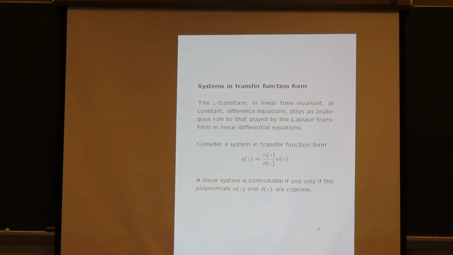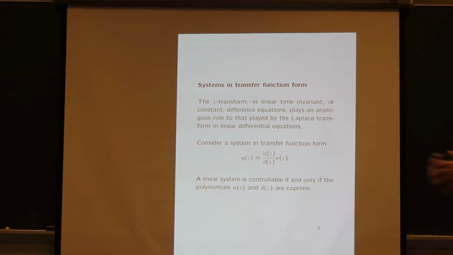Many of the properties of continuous time systems don't have a counterpart in discrete time. There are different descriptions. And therefore, transfer functions in the z domain, which is the Laplace transform of shifts in time, we say that this system is controllable if and only if the polynomials n and d are coprime.